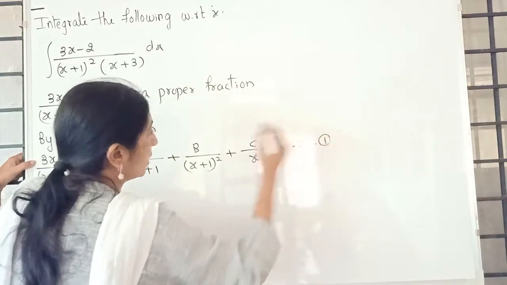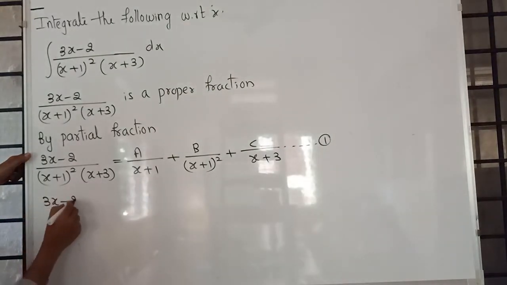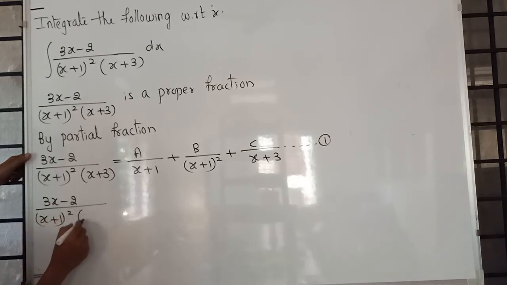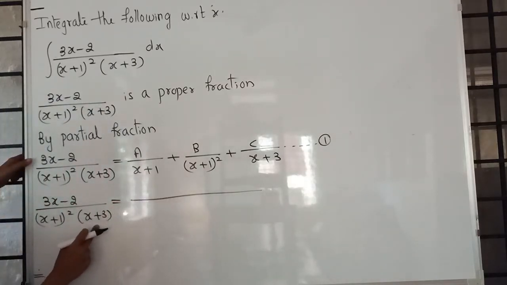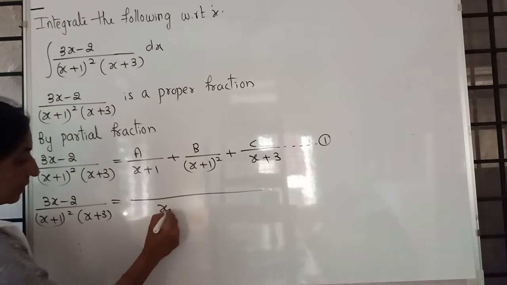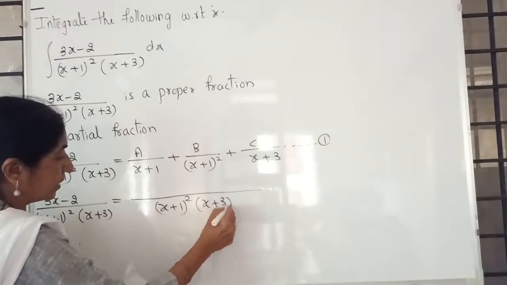Let us call this equation 1. Keep the left side as it is. On the right side take the LCM. Already I told you, whatever is there in the left side, the same terms come: x plus 1 whole square into x plus 3.